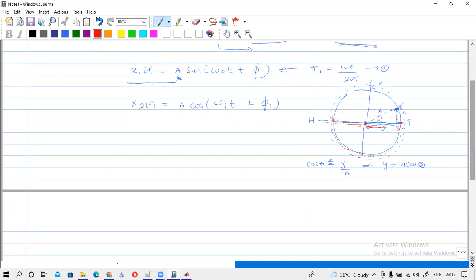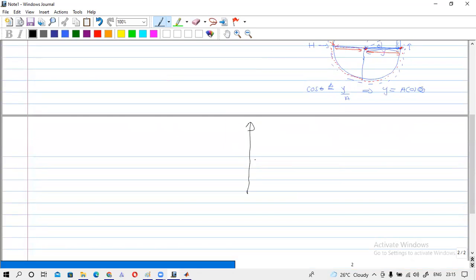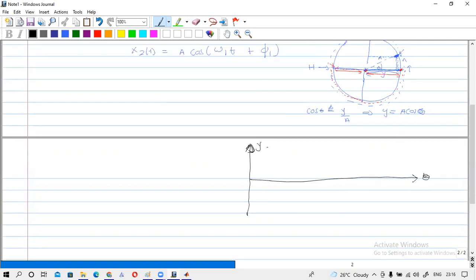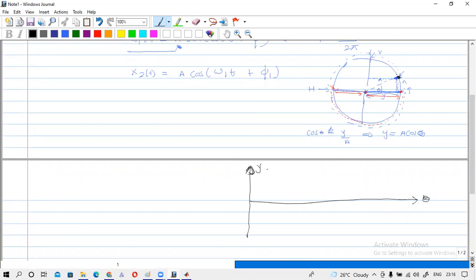So if we draw the signal, we will get this kind of signal. I hope now you can understand this. If this is t, and if this is theta, and this is y, you can see that when this point is moving along this side, this theta is changing.